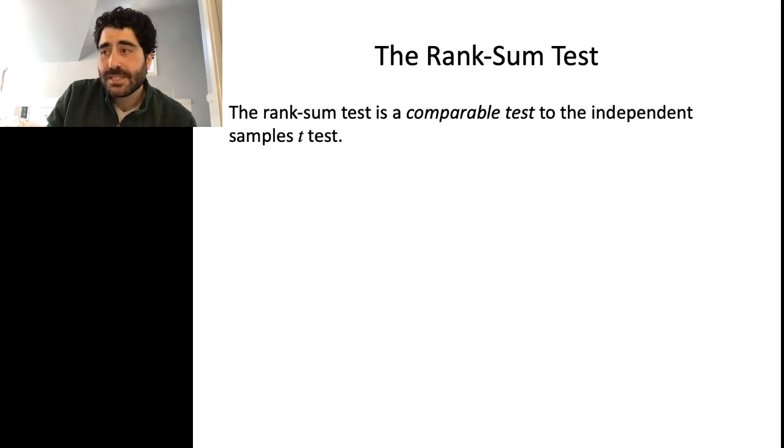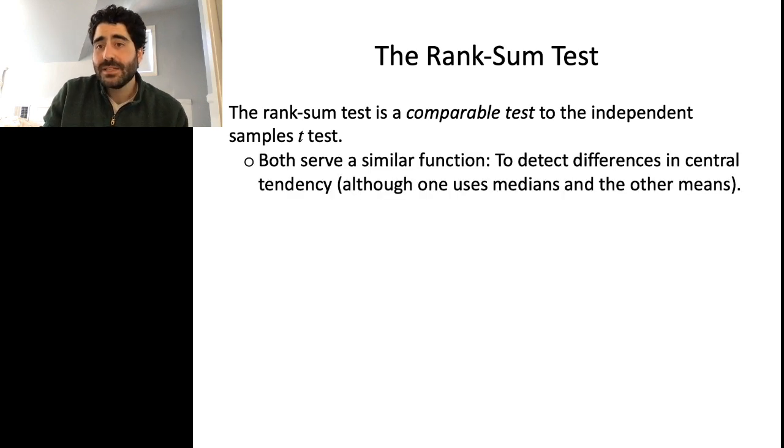So this rank sum test is comparable to the independent samples t-test, right? They're both doing something similar, which is that we have two separate groups of measurements, and we want to ask whether their central tendencies are different or not. The t-test is doing a test on whether the means are different. This one is doing a test on whether the medians are different.